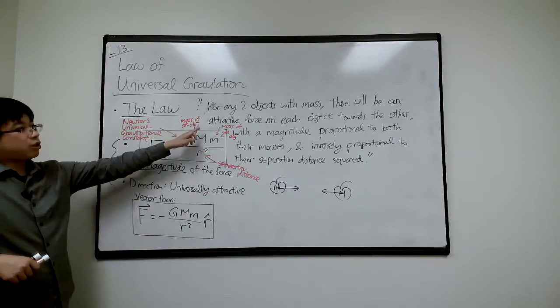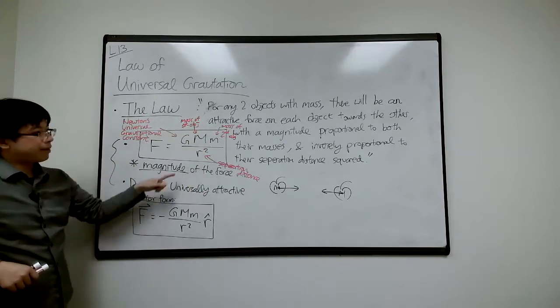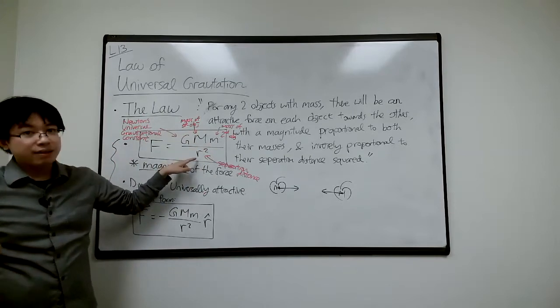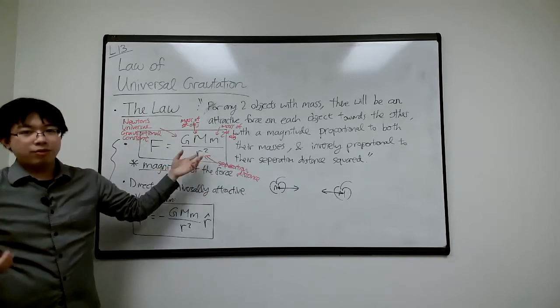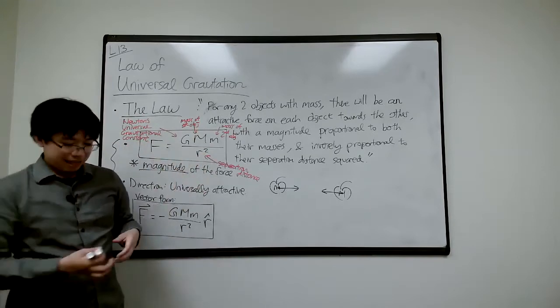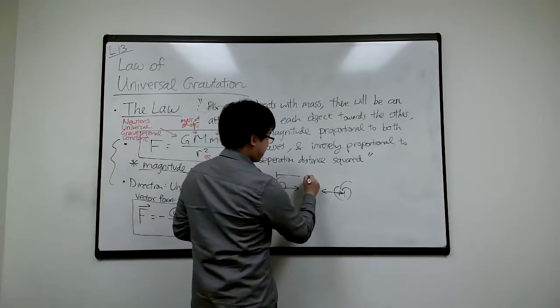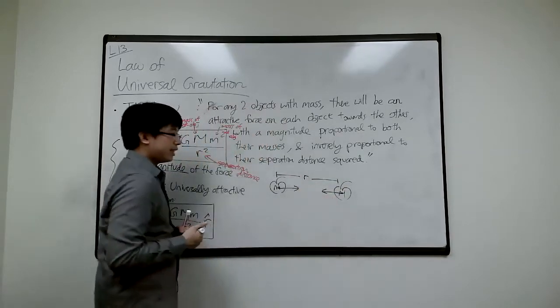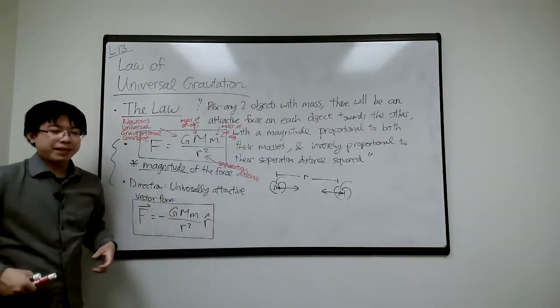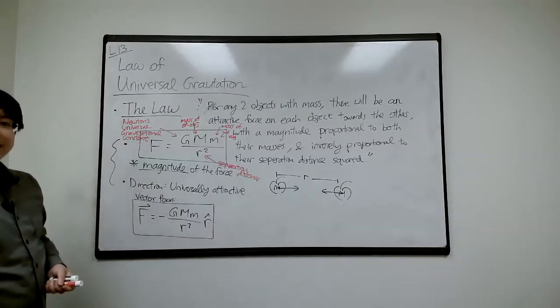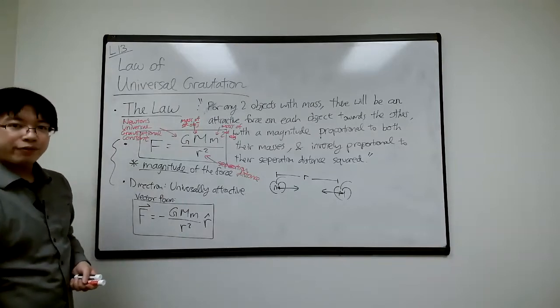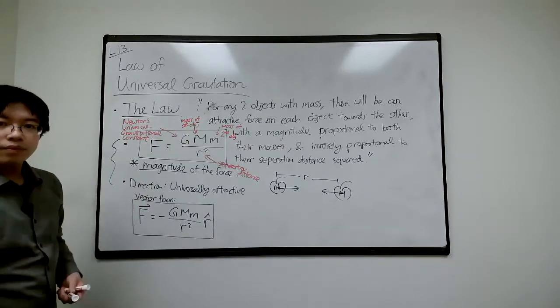But make sure you also label what you mean by the variables. You can label the separation with S, or D if you want, but it's the separation distance between the two, often written as r. So that's the version of the law.